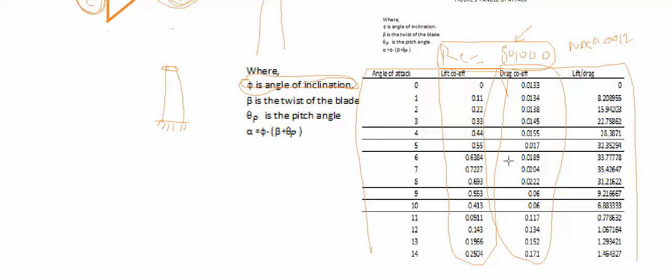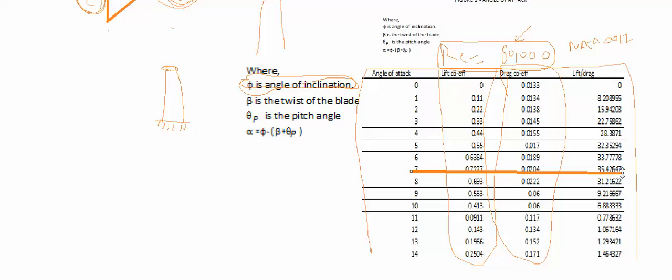What we are really interested in is the best lift to drag ratio. If we carefully observe, at 7 degrees, this is where we want to be. This is exactly the angle we are looking for.